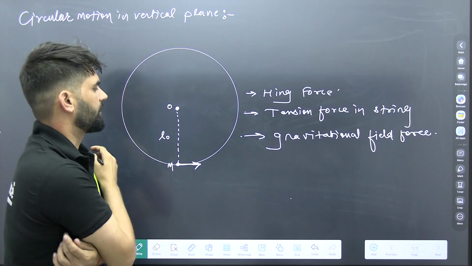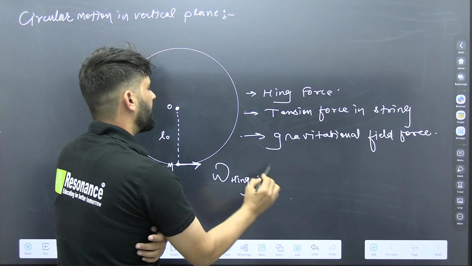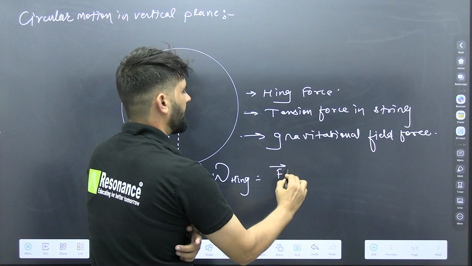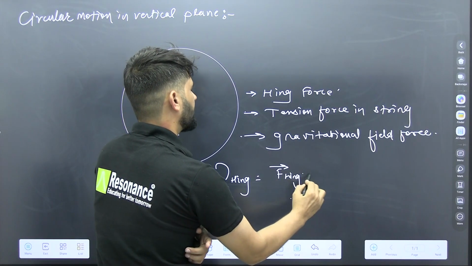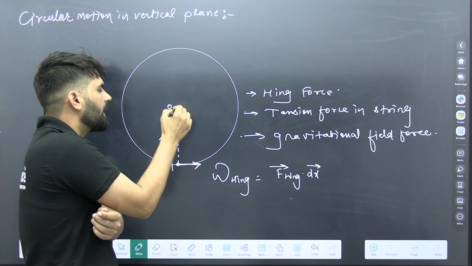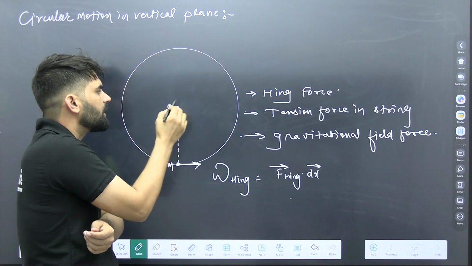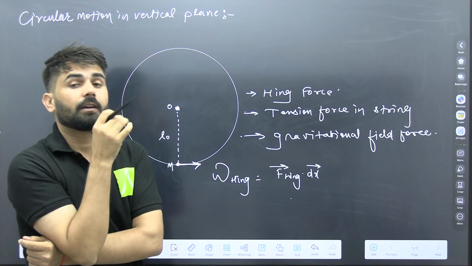First of all, the hinge force. The work done by the hinge force is the force times the displacement dx. The point of application of the hinge force is O, and during the vertical circular motion this point doesn't displace.